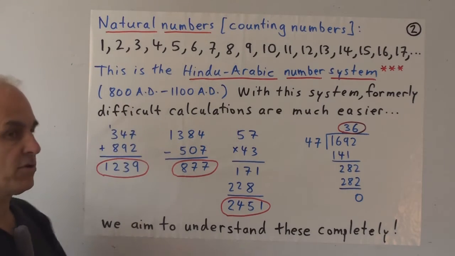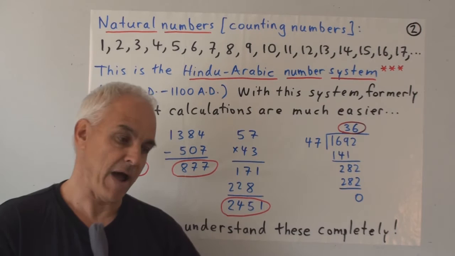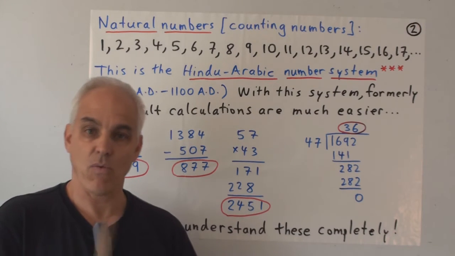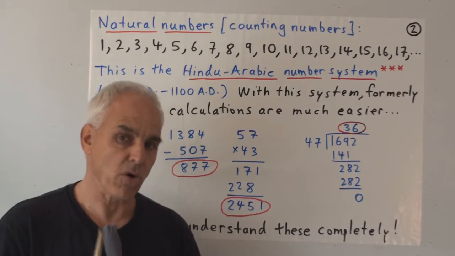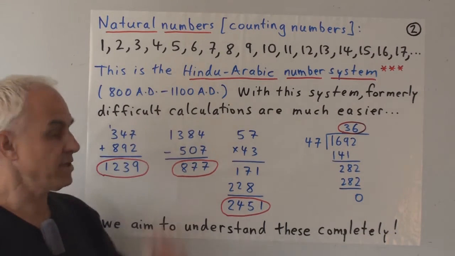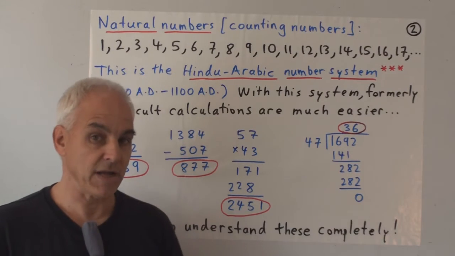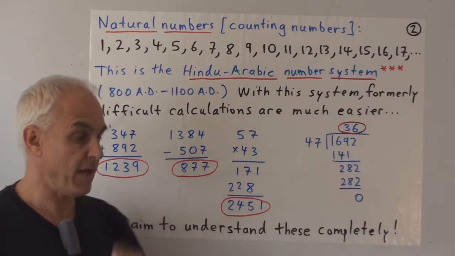Sometimes people like to include 0 as a natural number, and it's a matter of convention whether we agree that 0 is a natural number or not. But historically, 0 has been quite separate from these numbers. And I think it's natural when you're learning the subject to think of the natural numbers as starting from 1. That's what we're going to do.